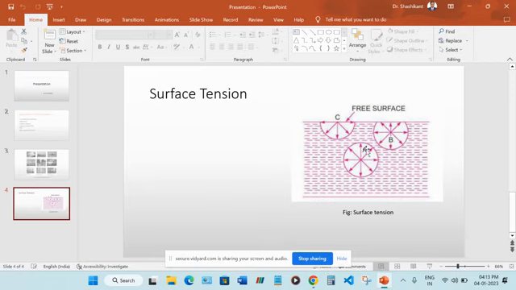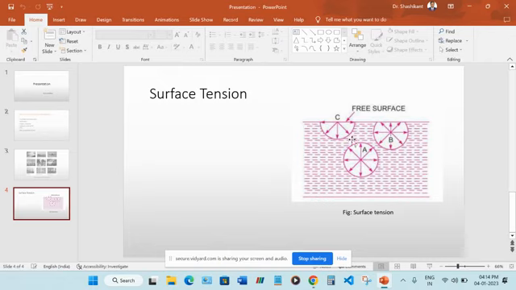Let us consider molecule A, which is present at a certain depth. This molecule A is attracted by the surrounding molecules, and from statistical theory, the average attractive force on molecule A is zero.